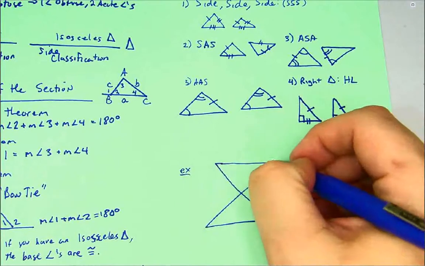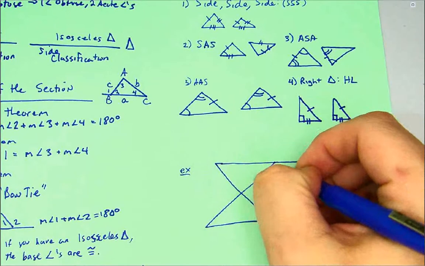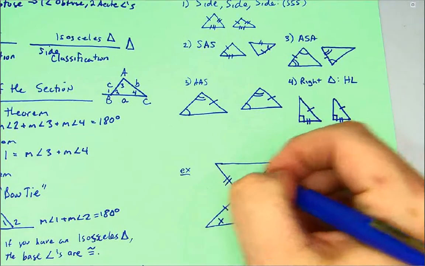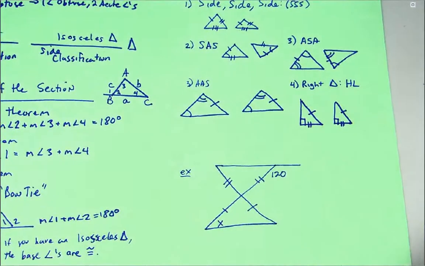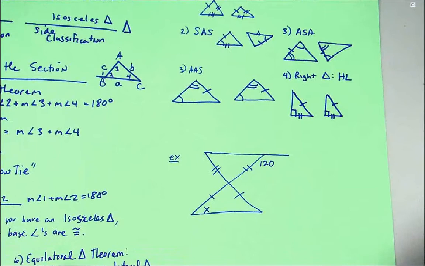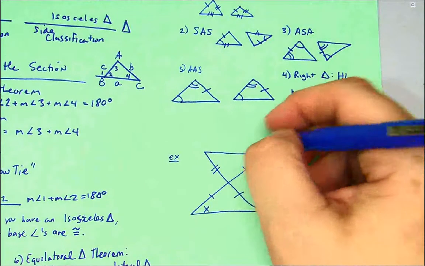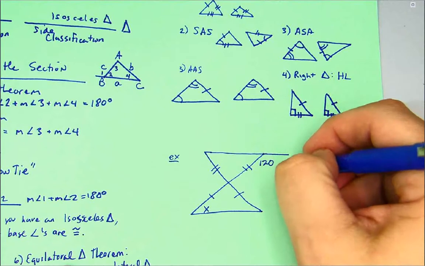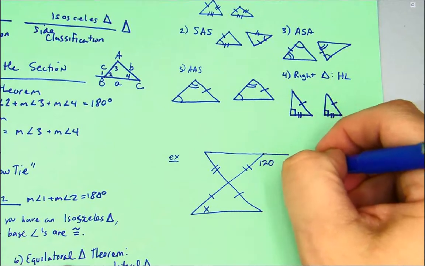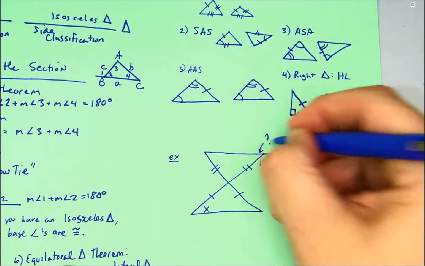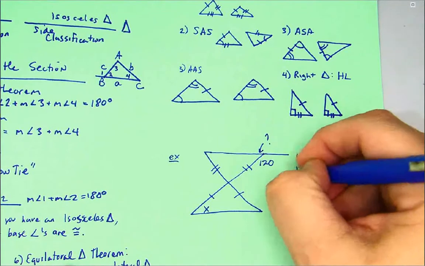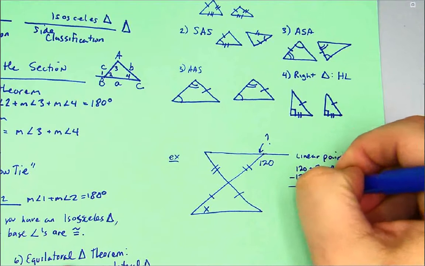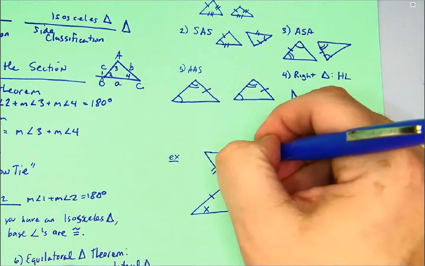For example, if you know this is 120, you want to find x, but you know these are equilateral triangles, use a linear pair. 120 plus an unknown angle equals 180. Subtract 120. 60 degrees.